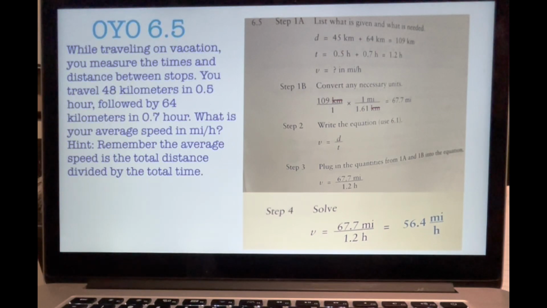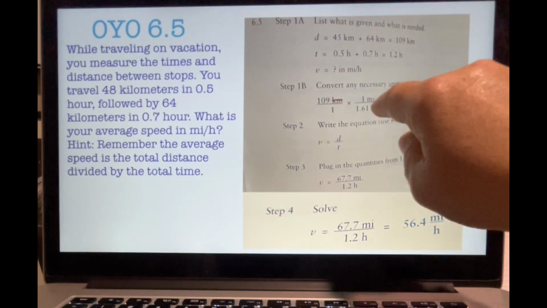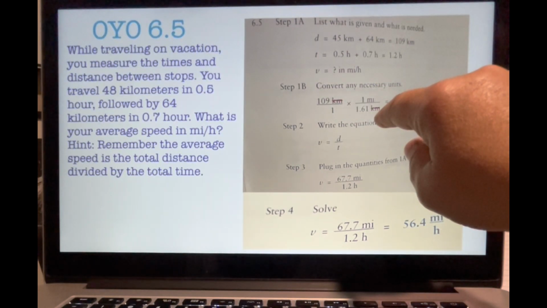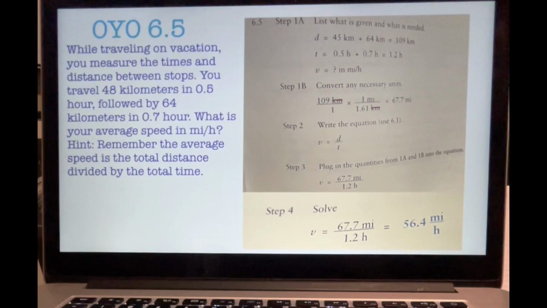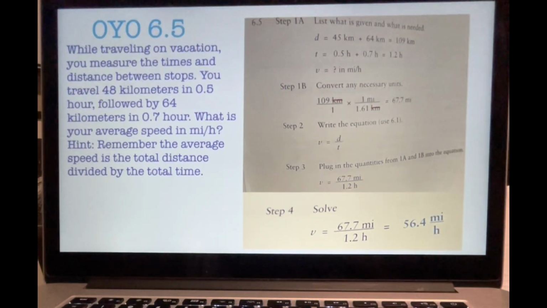Convert any necessary units. We have to convert kilometers into miles. So we know that 1 mile is 1.61 kilometers. So when we get rid of our kilometers, we get 67.7 miles.